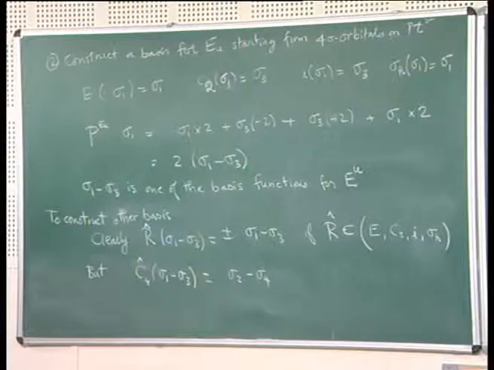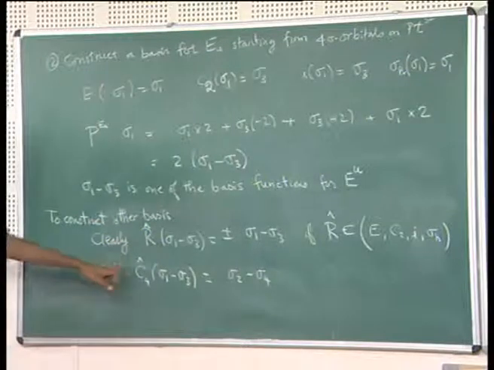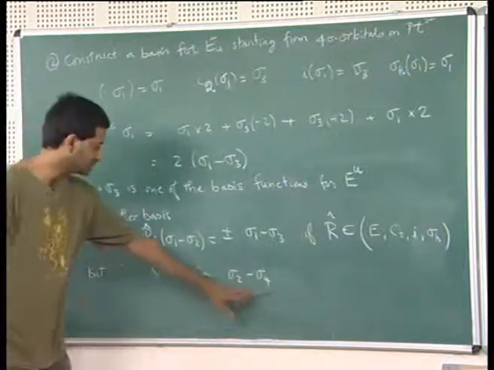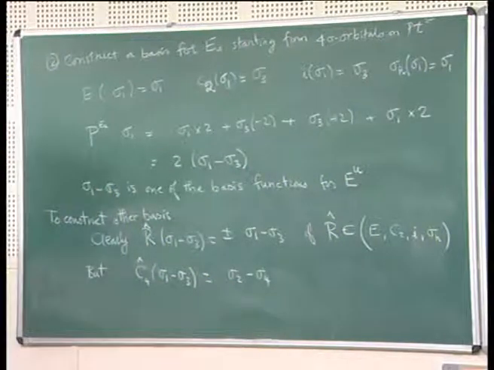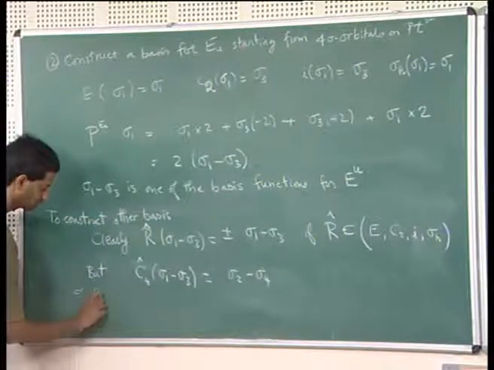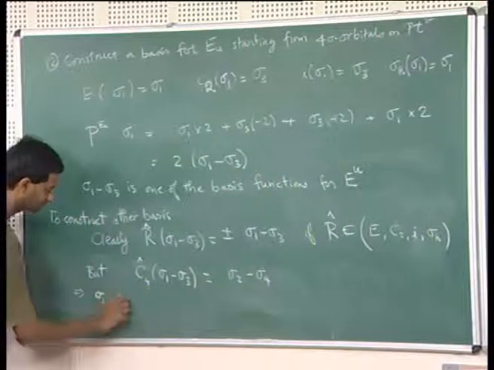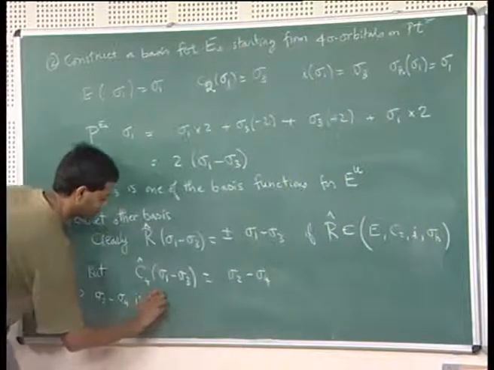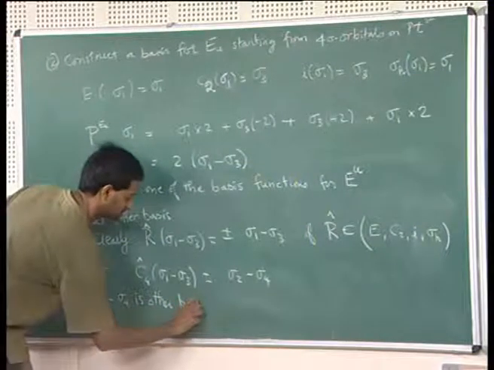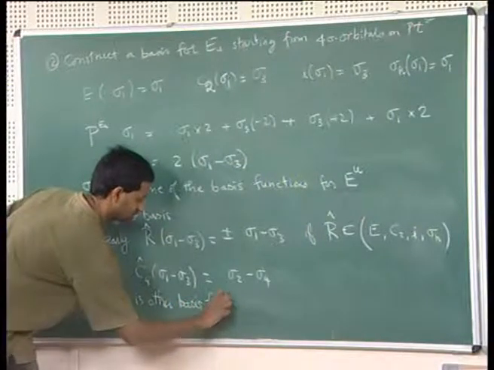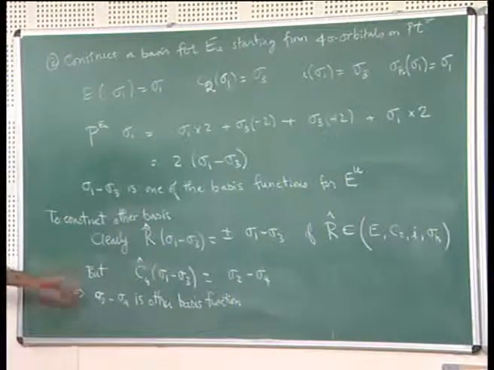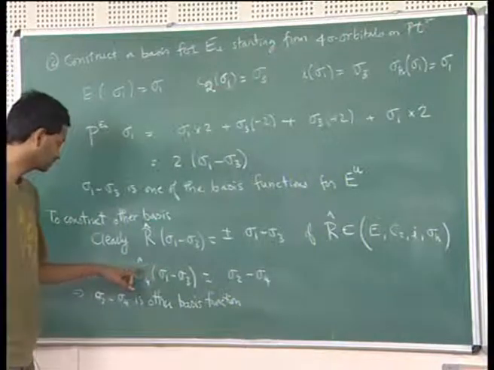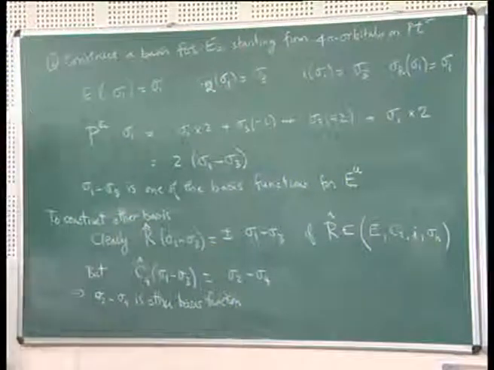So now you can immediately look at this and say that sigma 2 minus sigma 4 will be another basis function. We can just guess this based on the fact that C4 takes it onto this.